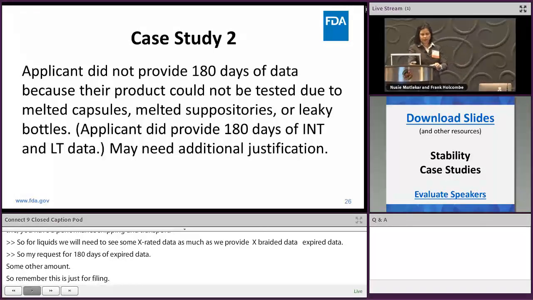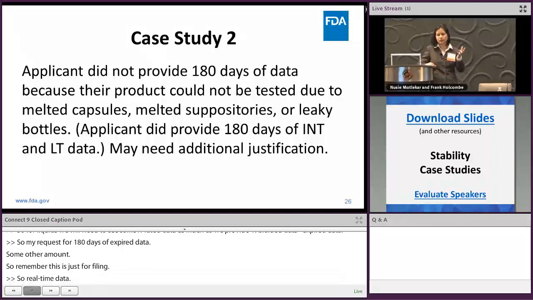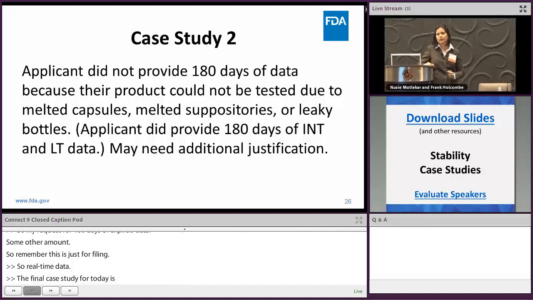The final case study for today is the one where the applicant, as I mentioned before, needs to provide 6 months of data. Even if the accelerated studies have failed, we need to see all the data, 6 months' worth.